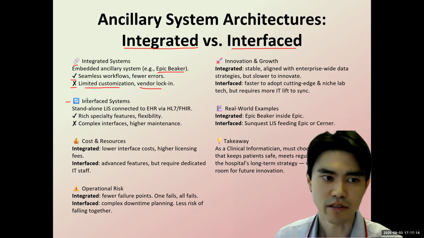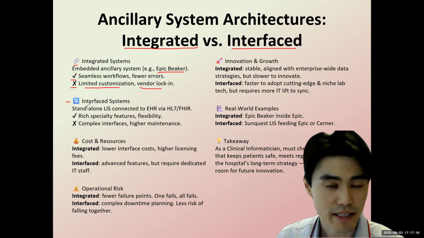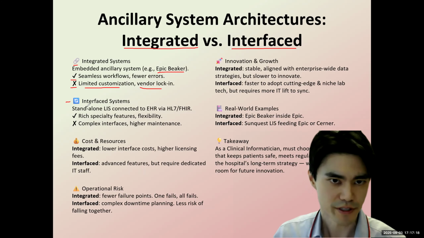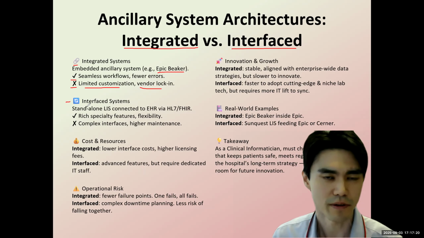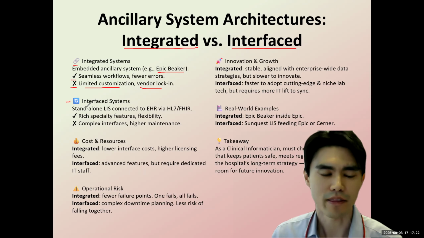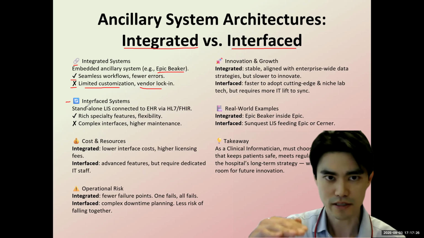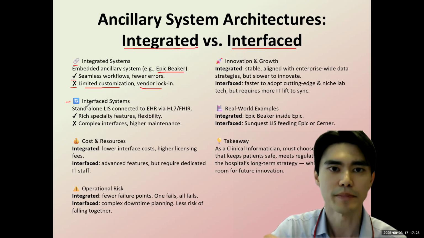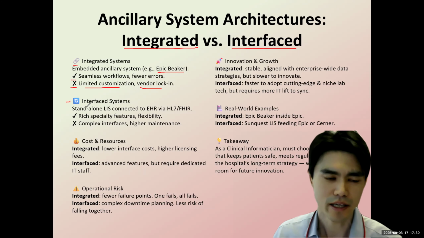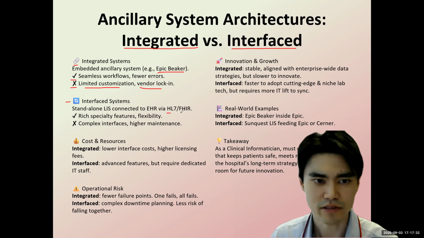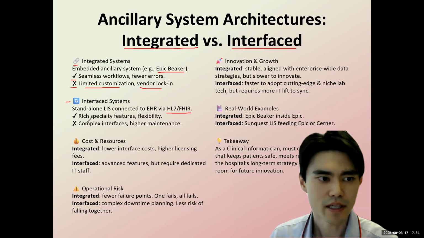So now let's look at an interfaced. Interfaced again is usually a different third-party vendor from the main EMR, and that vendor somehow interfaces and communicates with the main EMR. And usually that takes place through HL7 or FHIR.